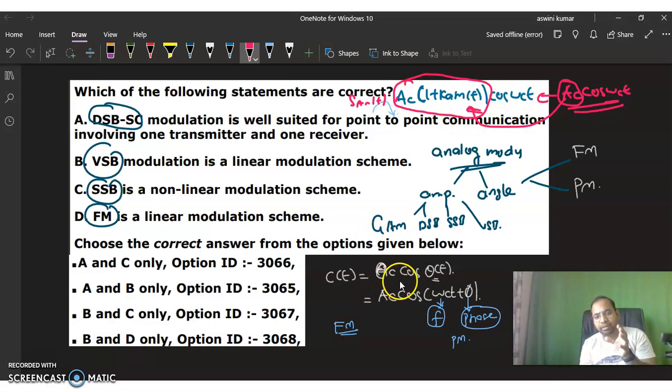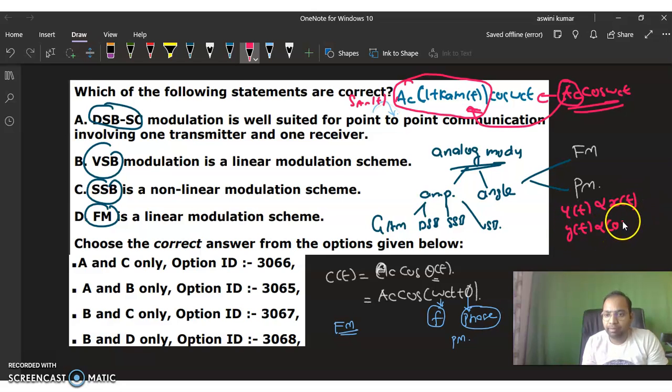But in angle modulation, the parameters are changing within the cosine. For example, if y of t is directly proportional to x of t, and y of t is directly proportional to cosine of x of t, I hope you understood the difference between these two. Y of t directly proportional to x of t represents amplitude modulation. Y of t directly proportional to cosine of x of t represents angle modulation.